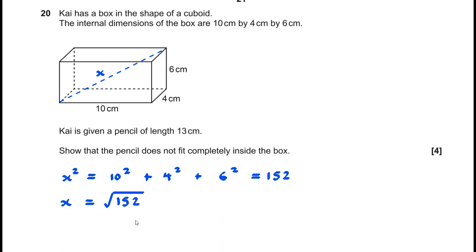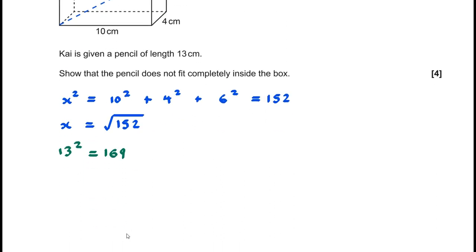Well, I know that 13 squared equals 169, which means that because this amount is bigger than this amount here, the 152 square rooted is less than 13, which means the pencil does not fit.